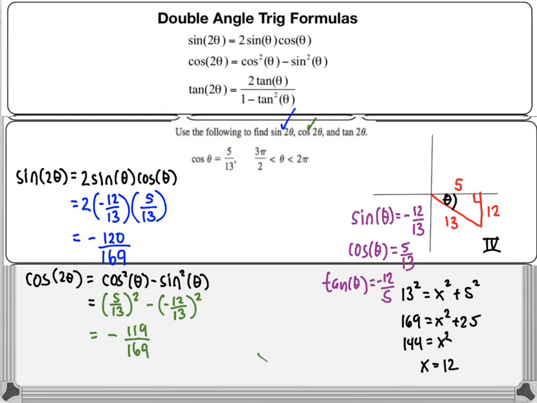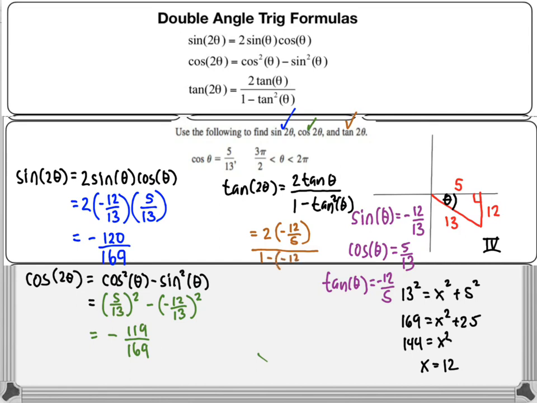Okay, and so let's tackle this last one, which is going to be the tangent. Let's write the formula. It looks like we're just dropping in some more values, all the tangent values, so let's do that. So I have equals 2 times tangent, which is a negative 12 over 5, all over 1 minus a negative 12 over 5 squared.